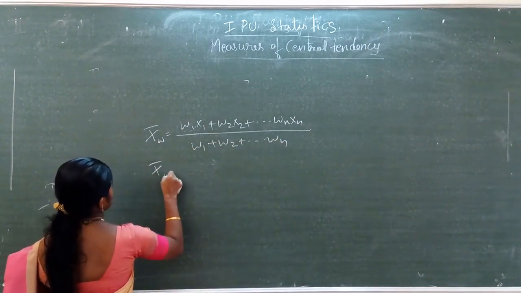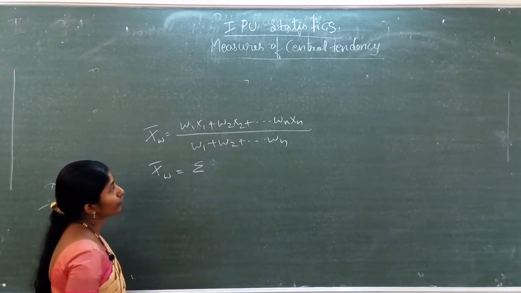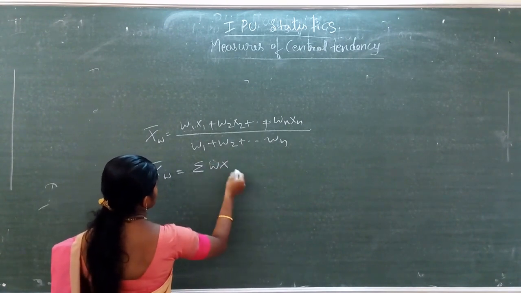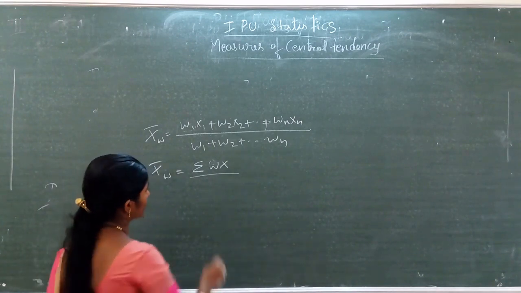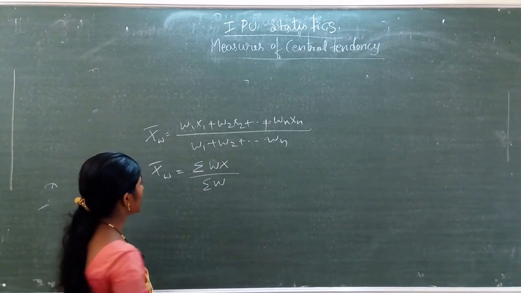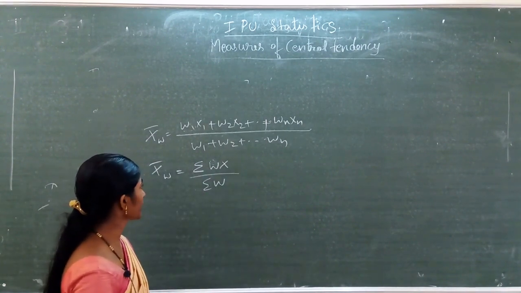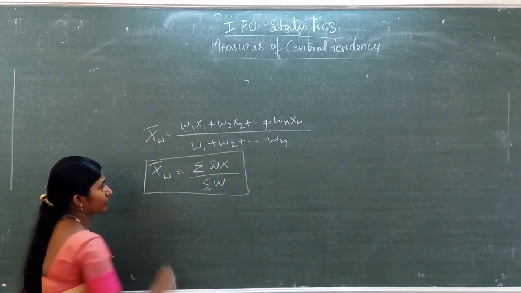That is summation w x divided by summation w. This is the formula of the weighted arithmetic mean.